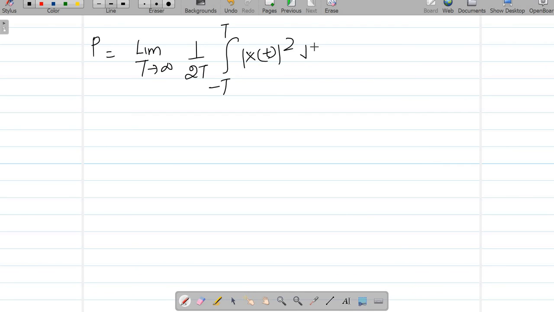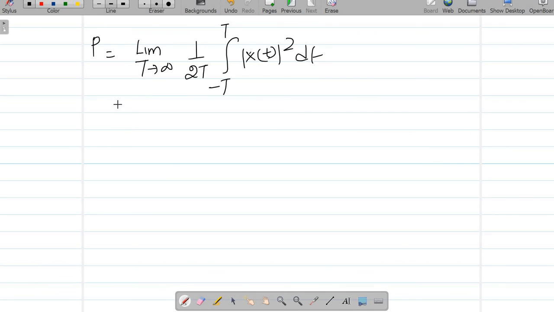The definition for a power signal is limit t tending to infinity 1 by 2t, then the integral from minus t to plus t of x of t the whole square dt.